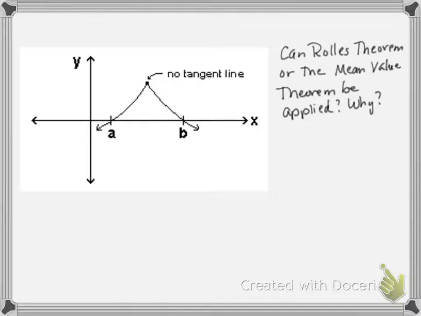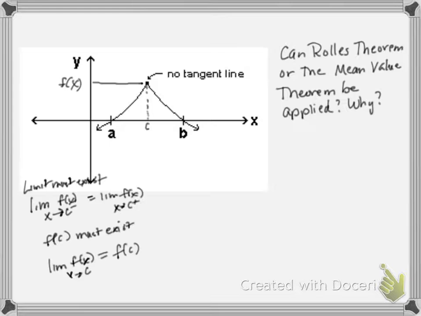Well, the first thing I would look at is to see if the function is continuous, and the function is continuous. Remember, for a function to be continuous, there are three things that must happen. Okay, so the limit must exist. Remember the limit on the left side of c.